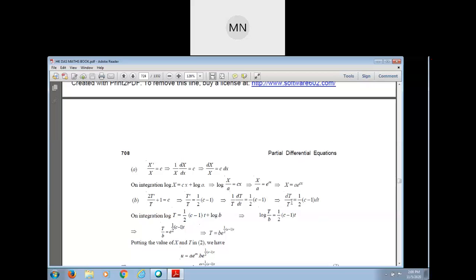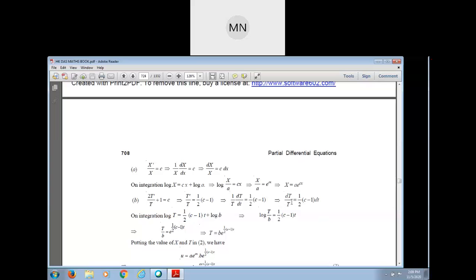Now can we integrate this term? Now can we integrate? Yes, ma'am. And tell me the value. If we integrate this one, d capital T by T, it will be what? That is what? 1 by T into dT.